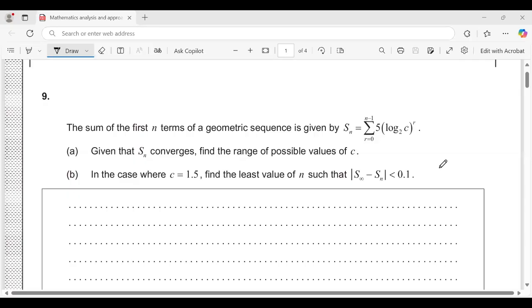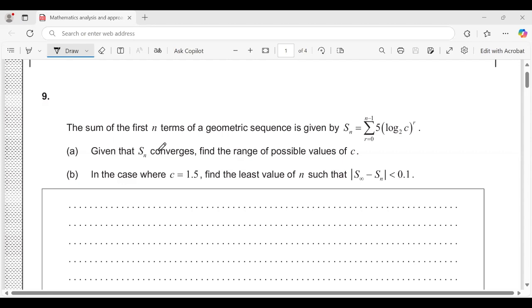Number 9, the sum of the first n terms of a geometric sequence is given by Sn equals the sum from r equals 0 to n minus 1 of 5 log 2 C to the power r.